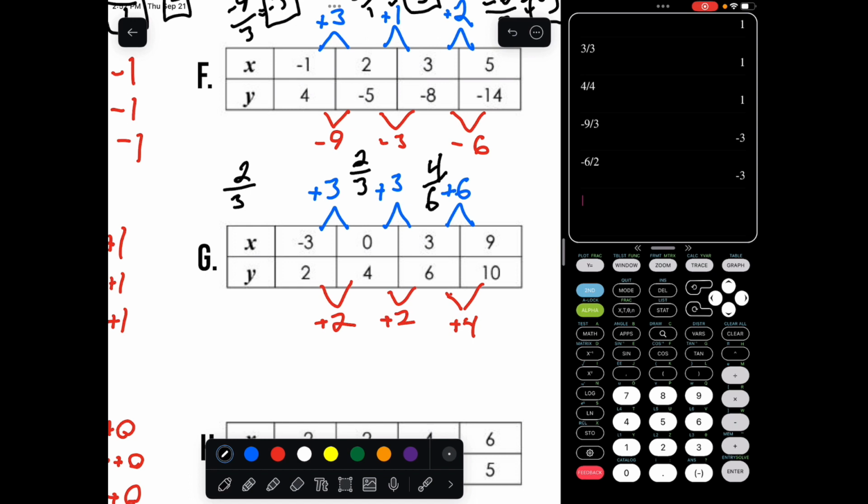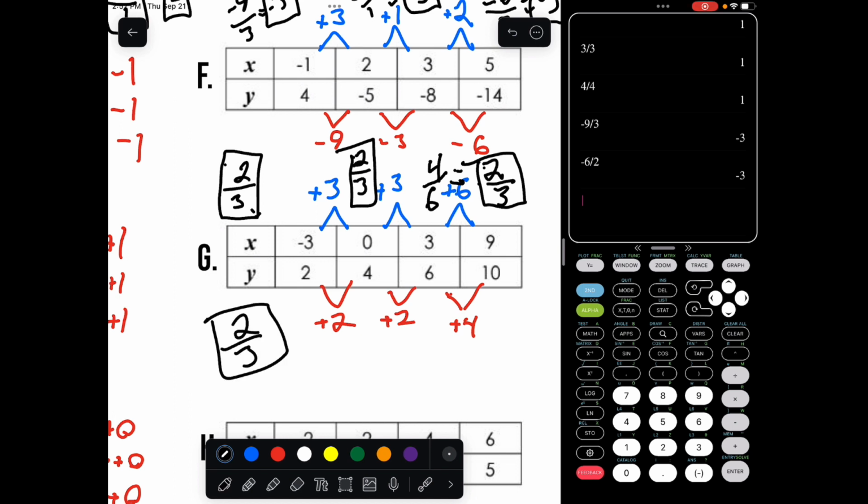The number 2 can divide into both of those numbers. 2 goes into 4 twice, and 2 goes into 6 3 times. So I have 2 over 3, 2 over 3, and 2 over 3. So my slope is 2 over 3.